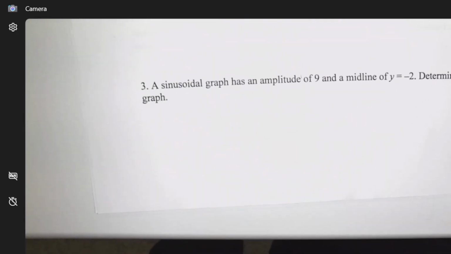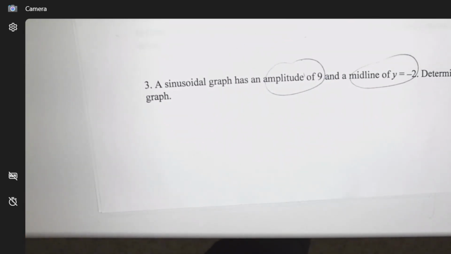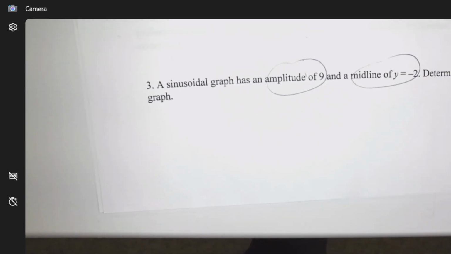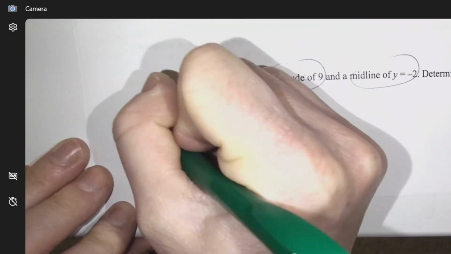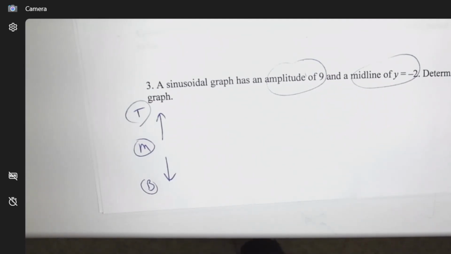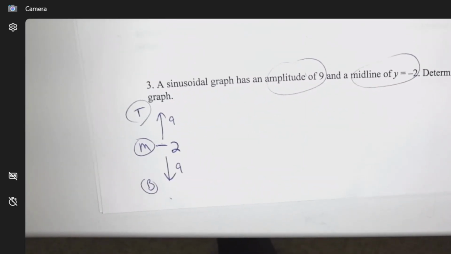A sine curve has an amplitude of 9 and a middle of -2. What's the range? Here's what I do. I kind of do this little situation, because you always have that going on: a midline, top, bottom, and an amplitude. So I need you to figure out what to do with the 9 and what to do with the -2. The -2 would be in the middle, and the amplitude means I need to go above it by 9 and below it by 9.